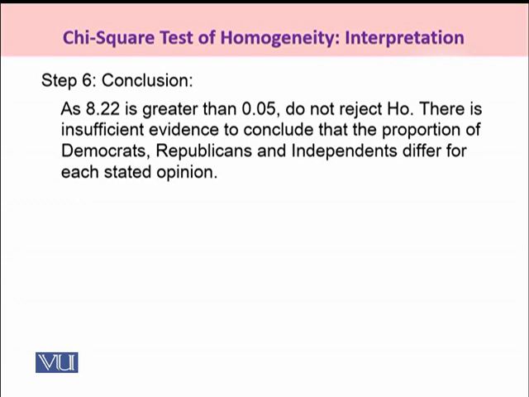As this p-value is greater than 0.05, which is your alpha, which you also call the observed p-value, so we do not reject H naught. There is insufficient evidence to conclude that the proportion of Democrats, Republicans and Independents differ for each stated opinion.